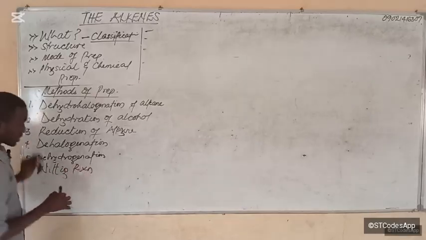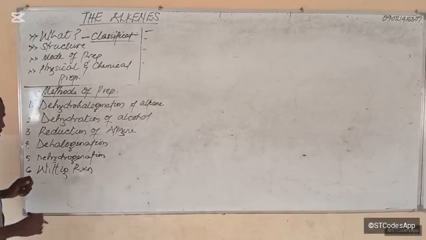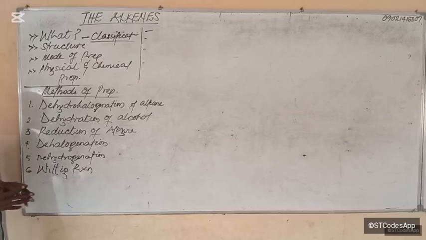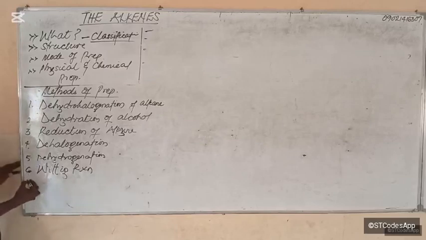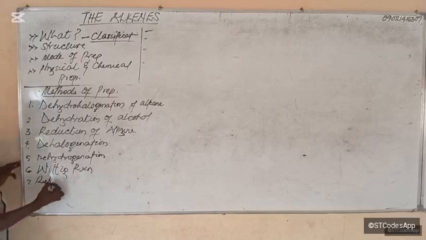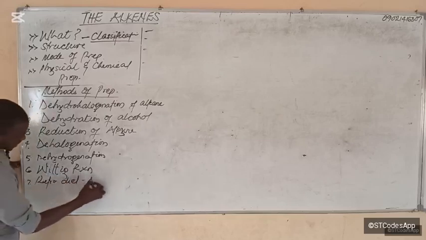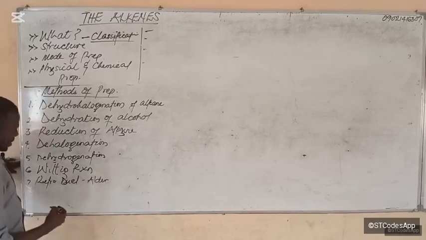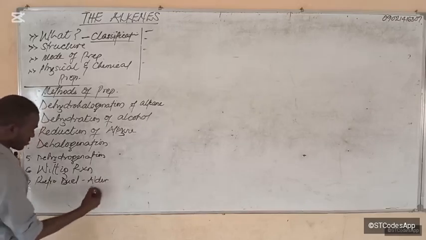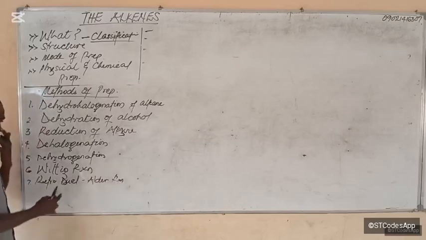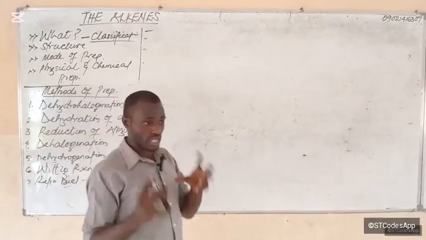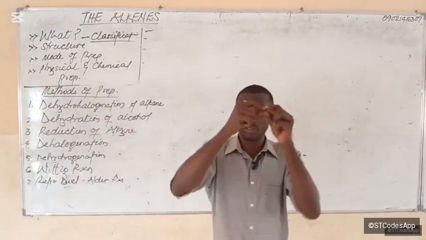Now, you might already know what the Wittig reaction is, but probably you may not know the mechanism. So I'll cover the mechanism here. Then I may not cover this one, I will just explain it: the retro Diels-Alder reaction. The Diels-Alder reaction is one of the processes by which we prepare a conjugated and a ring system.